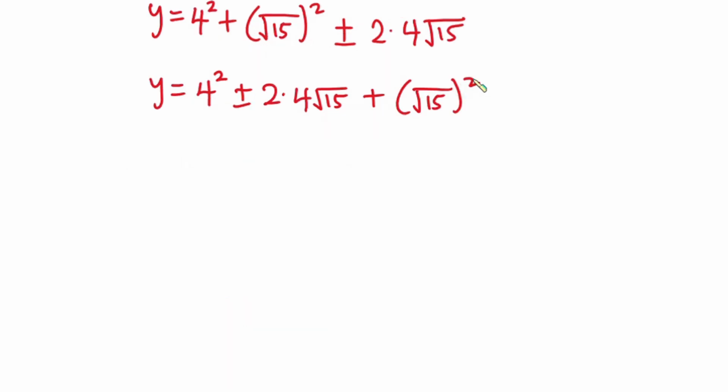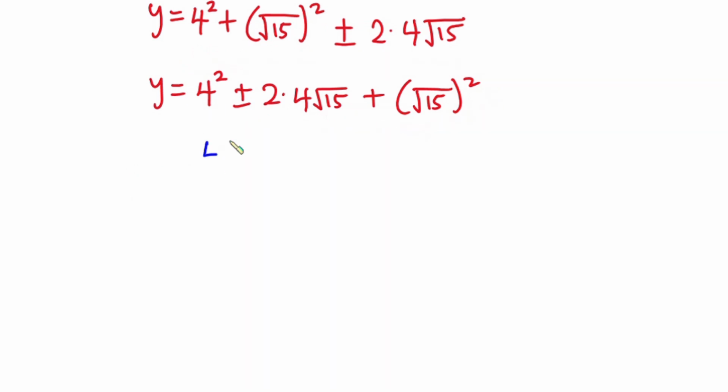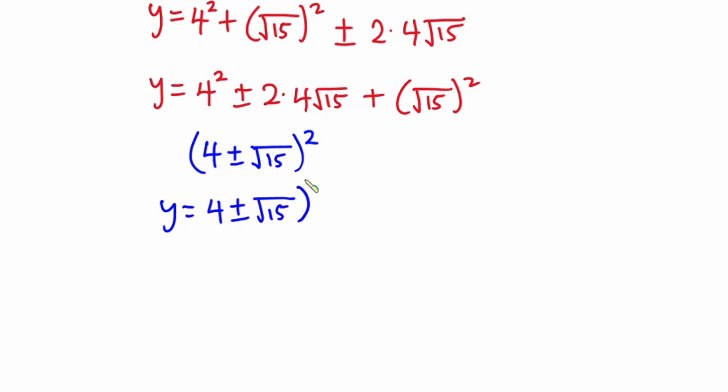Okay, now if you study the whole of this one very carefully, you can see that it is the expanded form of 4 plus or minus square root of 15 all squared. Okay, so I can say that y is equal to 4 plus or minus square root of 15 all squared.